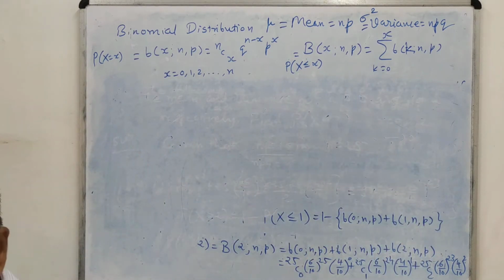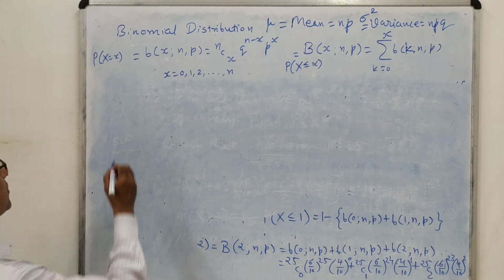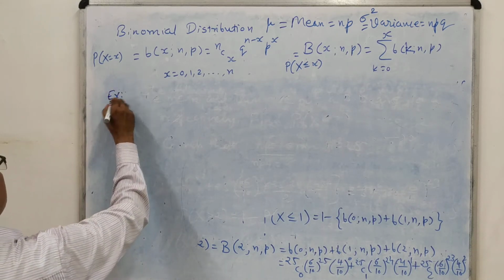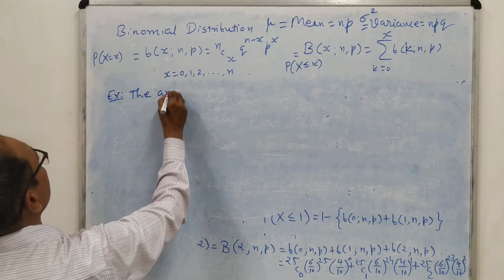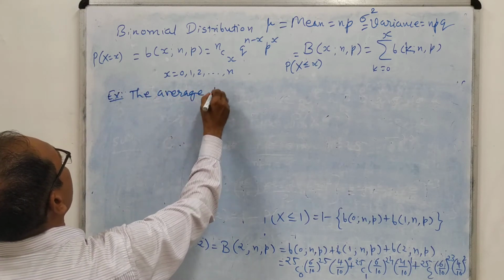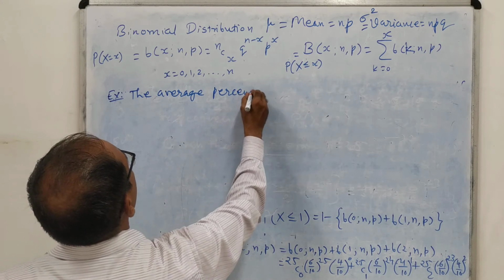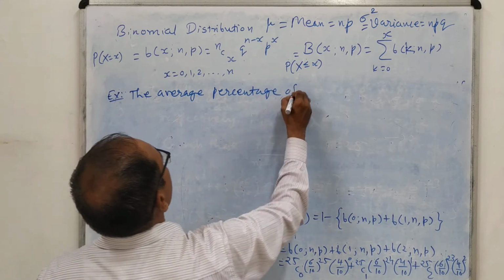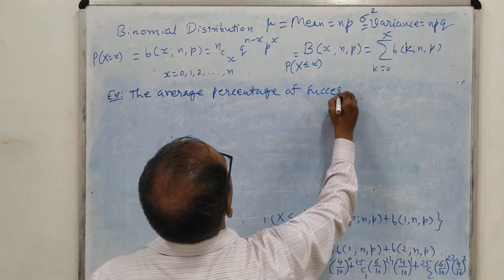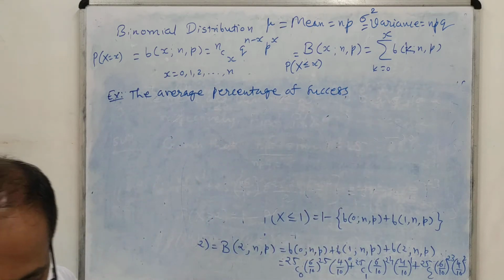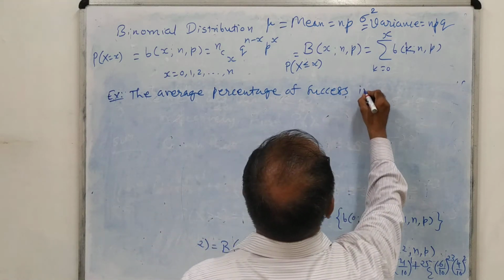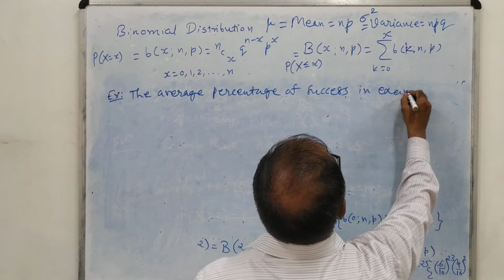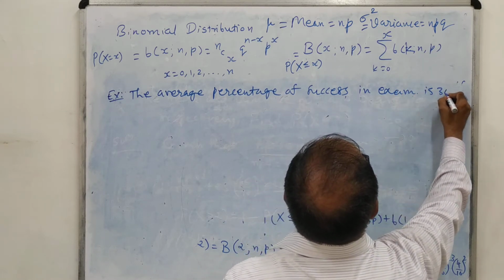Now let us see another example. The average percentage of success in an examination is 30%.